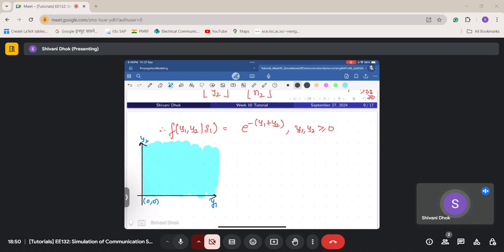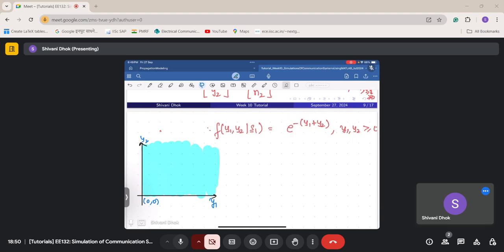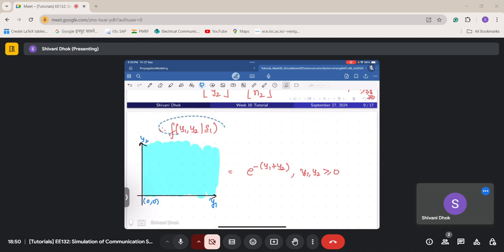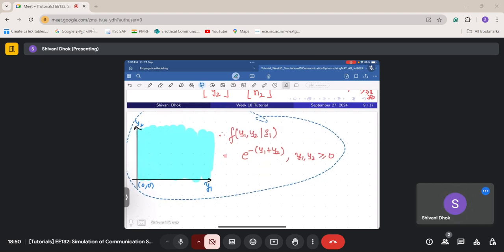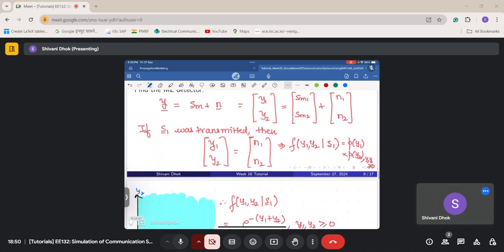Okay, so this is the non-zero region for f of y1, y2 given s1 was transmitted. Now, next part is if s2 was transmitted.